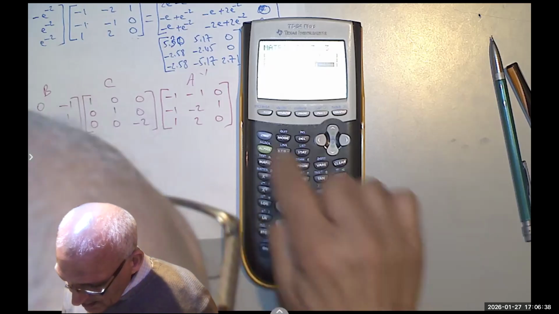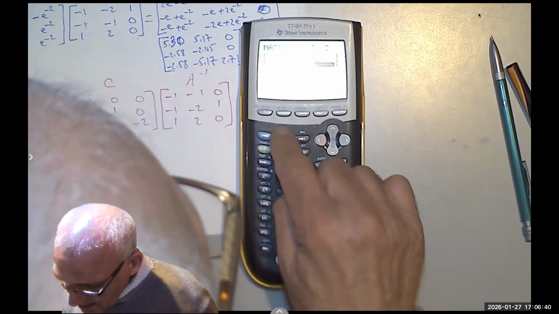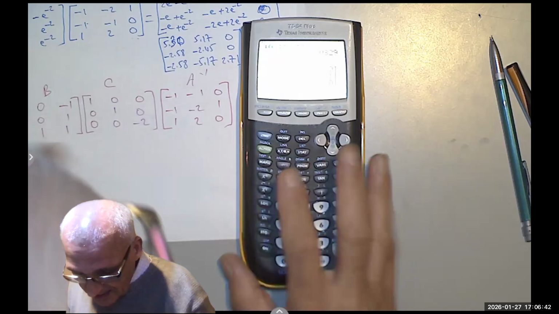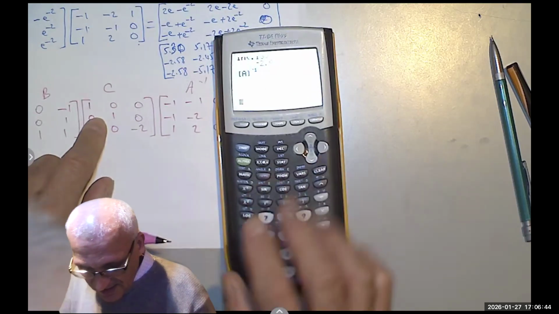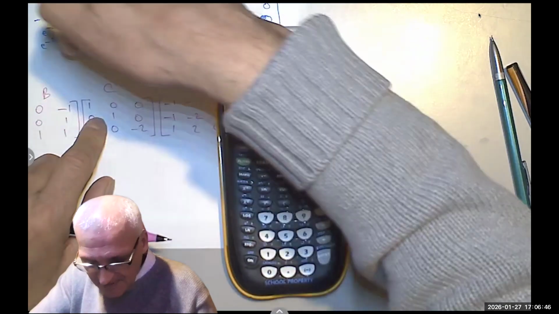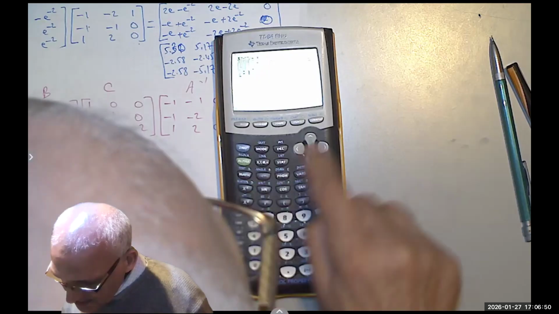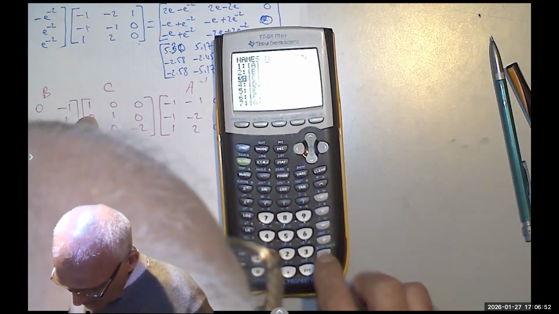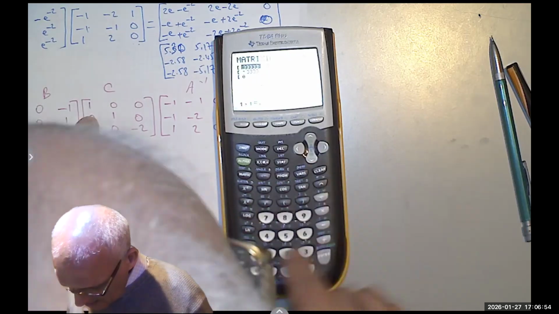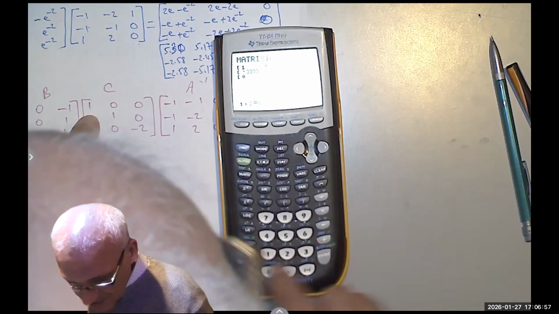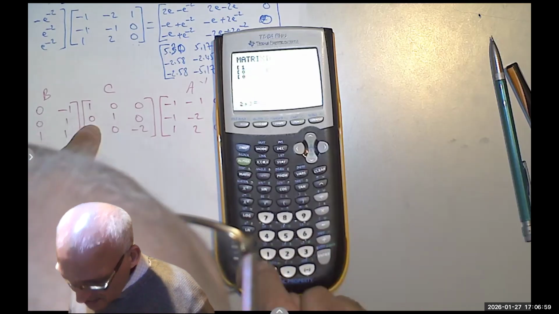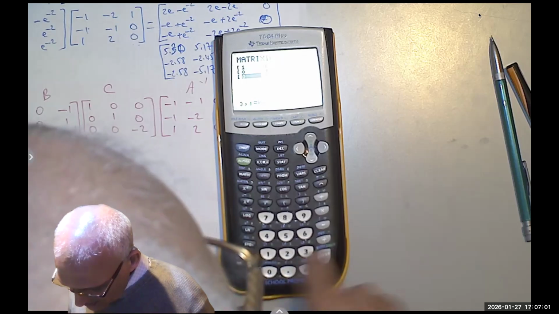Okay. And then this, I call it C. And then we're going to multiply B times C times inverse of A. Okay, let's do C. Also 3 by 3. It's 1, 0, 0, 0, 1, 0, 0, 0, negative 2.